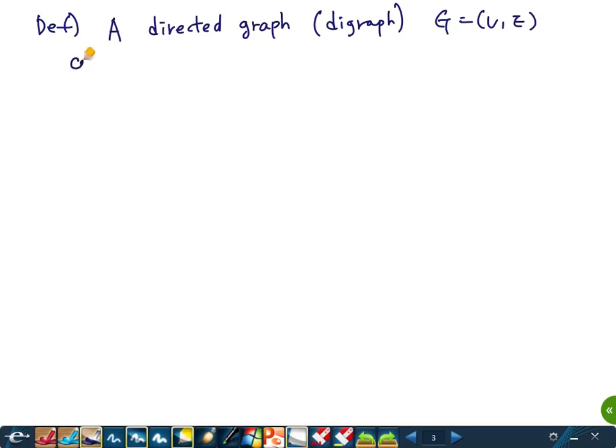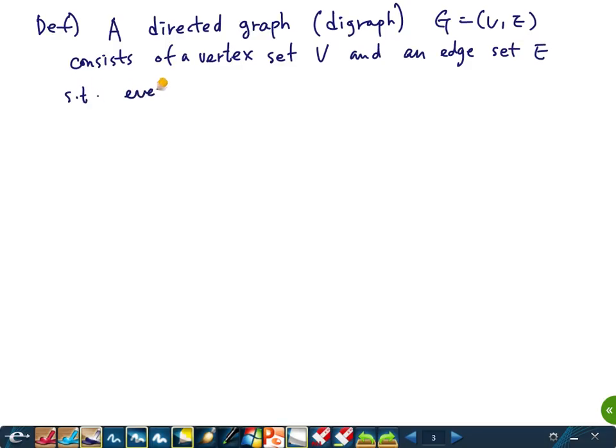A directed graph consists of vertices, a vertex set V, and an edge set E, and we have to have some conditions.